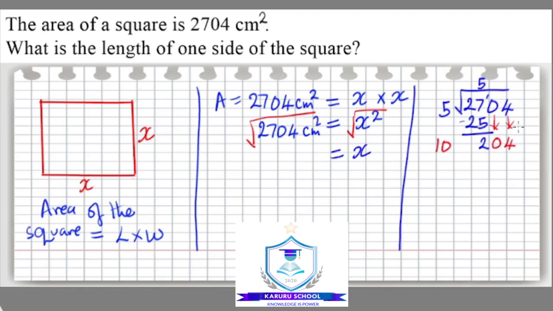So the easiest way to tackle this is to look at the last digit and check what two numbers, if you multiply them, give you 4. So we have two numbers which, if squared, give us the result 4. So we have 2 multiplied by 2, this gives us 4 as the last digit, and we have 8 multiplied by 8 gives us 64 with 4 at the rear end.